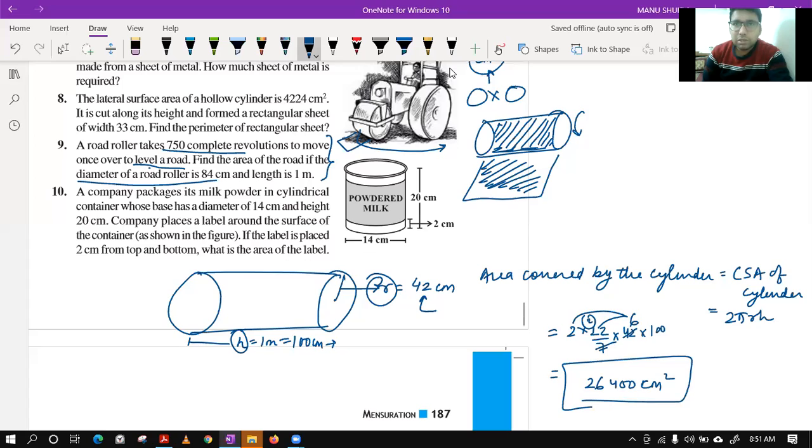This much area is covered in one rotation by the wheel.